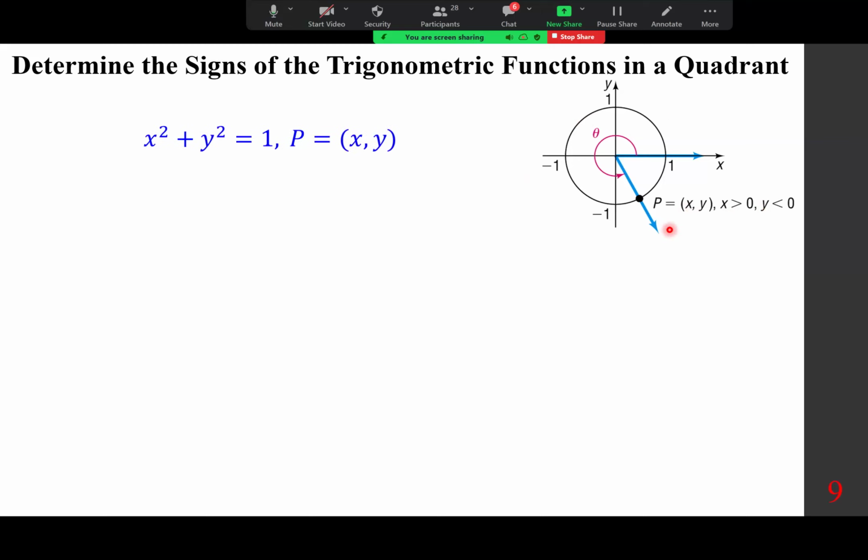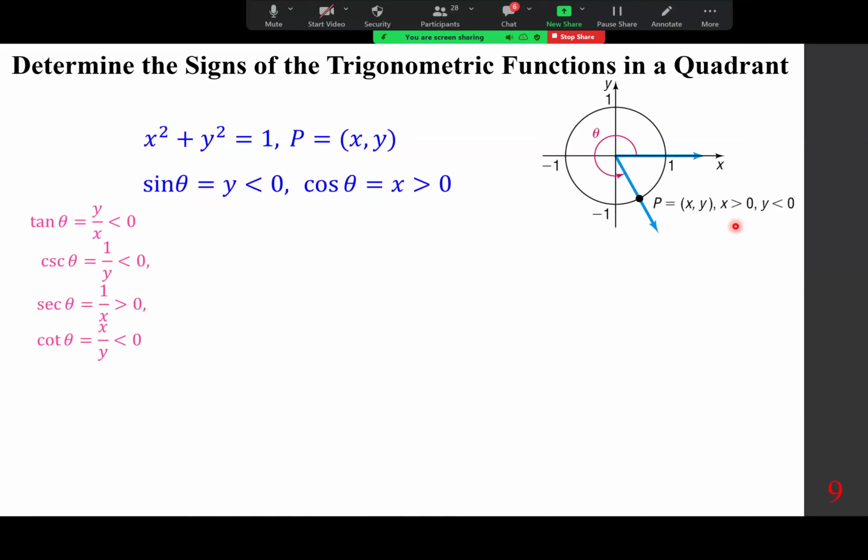So x squared plus y squared equals 1. P has coordinates x and y. Sine is represented by y. Cosine is represented by x. Just as an example, in the fourth quadrant, cosine is positive, sine is negative. We can figure this out. Now, tan is y over x.